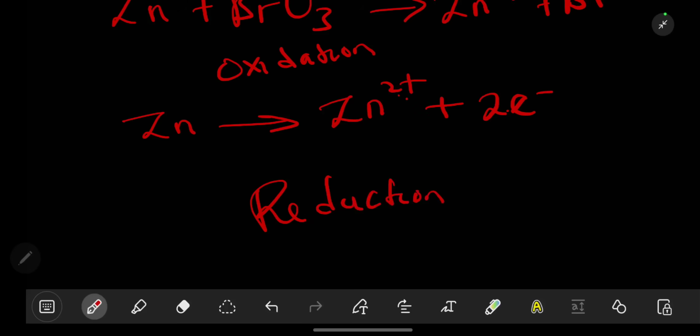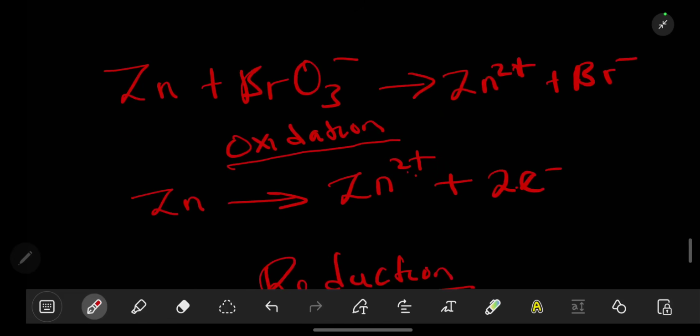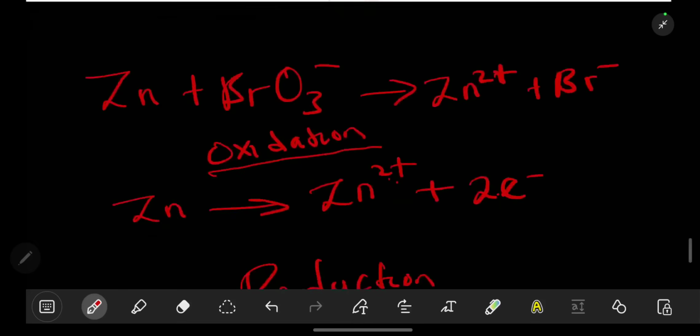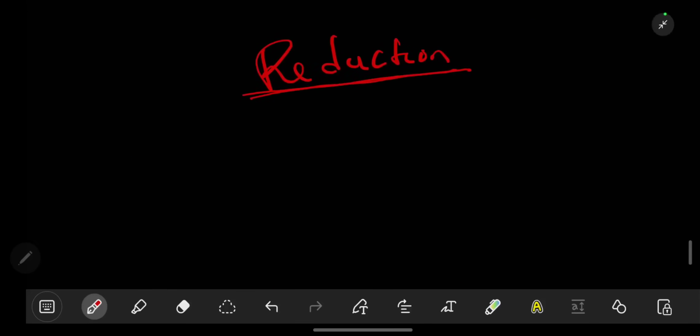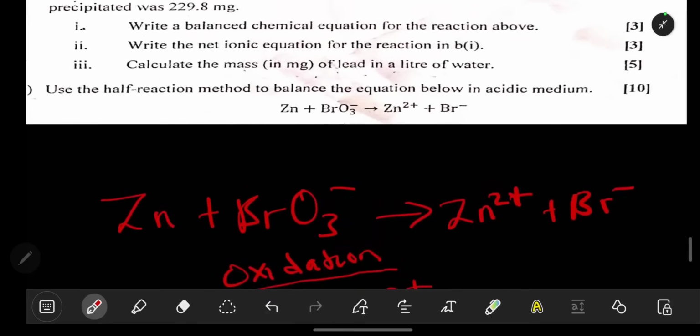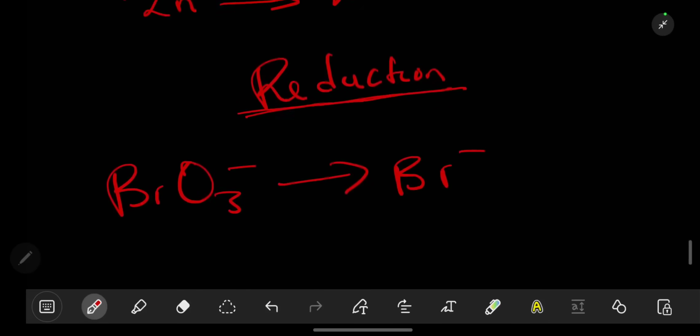The full video on balancing in acidic oxidation and reduction has already been uploaded. So we are going to have the other part, which is our BrO3 negative. It should become our Br negative, so this one is reduction. As you can see, oxygen has also been removed.